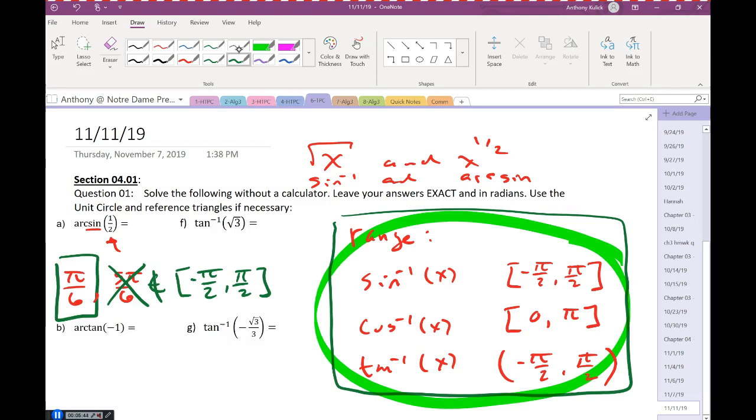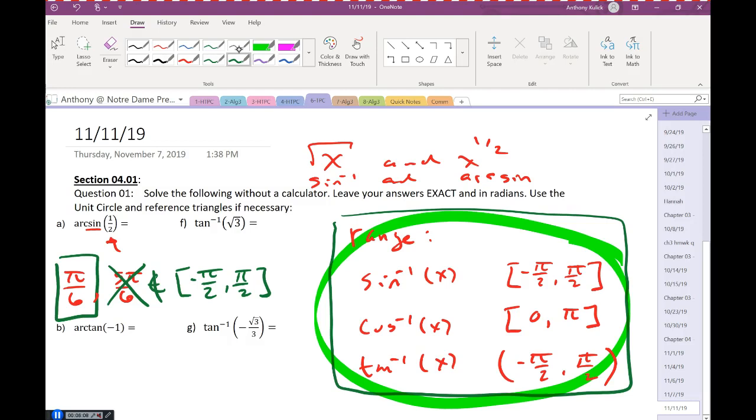Yeah, the unit circle. You have to pick the one that falls inside of the range from negative pi over 2 to positive pi over 2. That's the range for that function. We covered that in the notes.